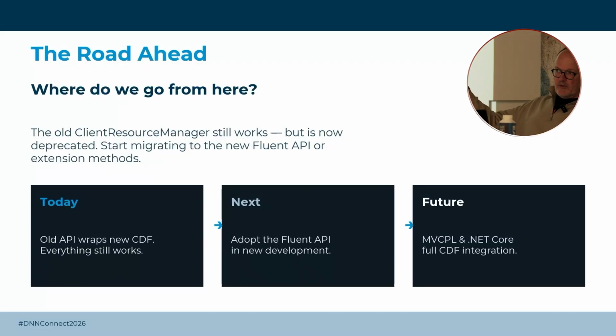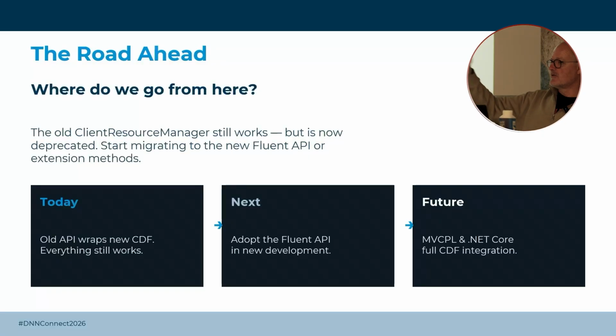The old methods of the core have been marked as deprecated, meaning that in version 12, DNN-12, they will actually be gone. For me, it was an essential step to get to the MVC pipeline as well. Probably for all the MVC pipeline modules, the core methods won't even work. So you're going to go straight to this method because you're going to be injecting stuff anyway. So you get the client resources controller and you add your resources.